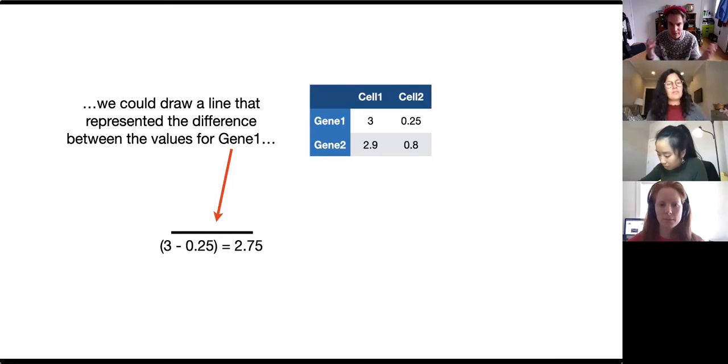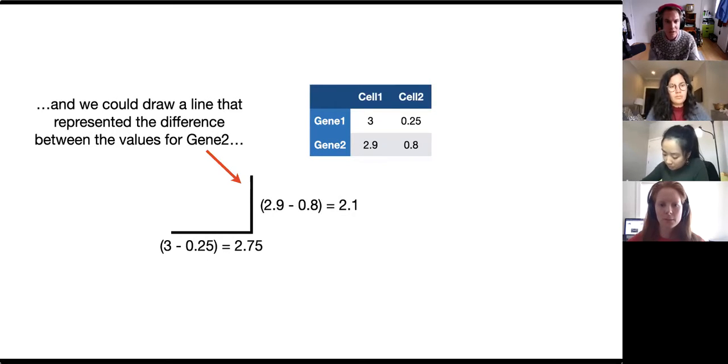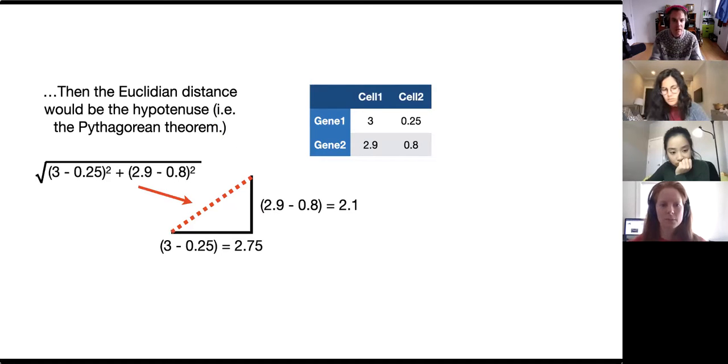And we can draw a line that's 2.75 units long. Then we could draw a line that represents the difference between the values for gene 2. So in cell 1, the value for gene 2 is 2.9, and in cell 2, the value for gene 2 is 0.8, and we do the math, and we get 2.1, and so we can draw a line that is 2.1 units long. Then the Euclidean distance would be the hypotenuse, and that's the Pythagorean theorem.